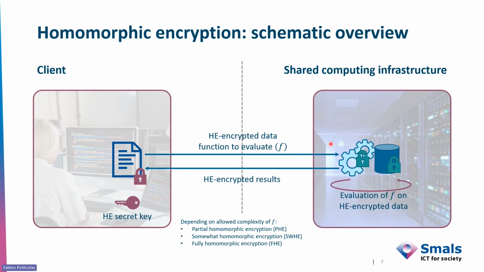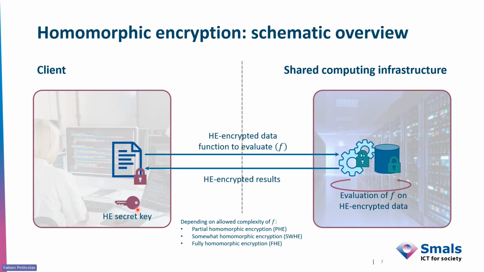So here we are in the remote infrastructure, which will apply a certain version of this function f in the encrypted space. So data remains encrypted here. We apply some specific variant of the function specific for the encrypted space, and then we return the results, which are still encrypted, and the client can decrypt the results to get the final or the desired result.